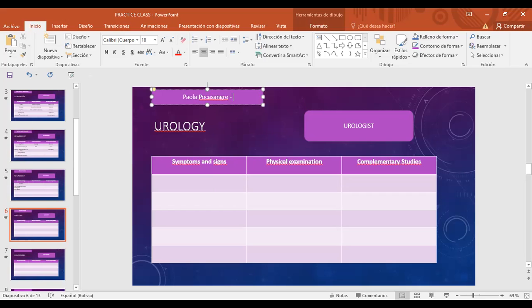They're also called calculi. Okay, calculi. So what kind of symptoms or signs would be related to this disease?